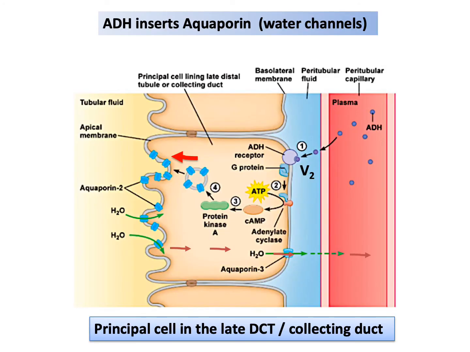This slide is showing the principal cells in the late DCT and collecting duct and how ADH (AVP) will act on V2 receptors and insert the aquaporin 2 water channels in the luminal side of the tubule. This will help in the water reabsorption.